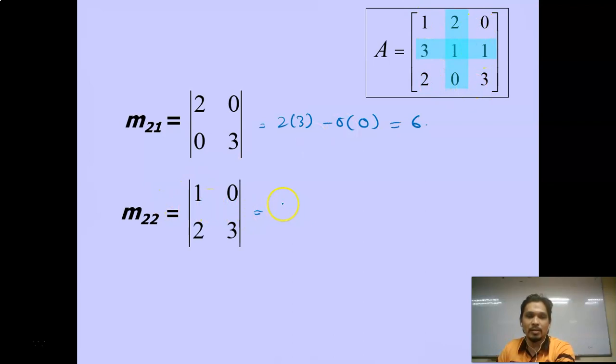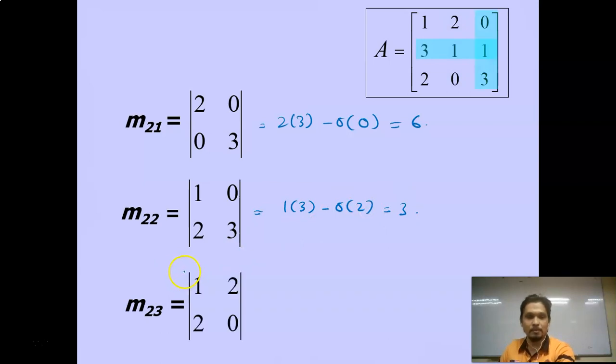So now it is 1 times 3 minus 0 times 2, so 3 minus 0, 3. And then M23: 1 times 0 minus 2 times 2, 0 minus 4, negative 4.